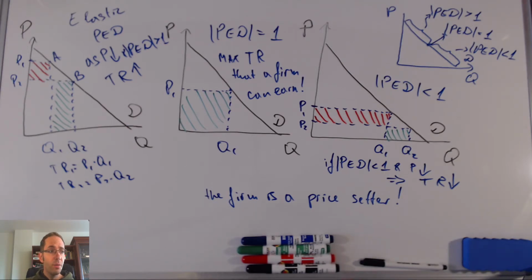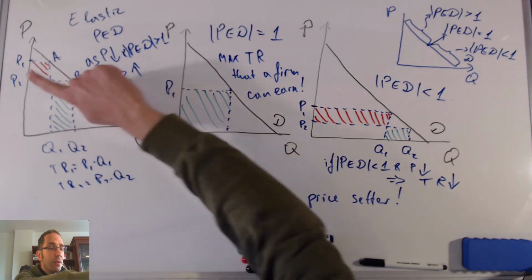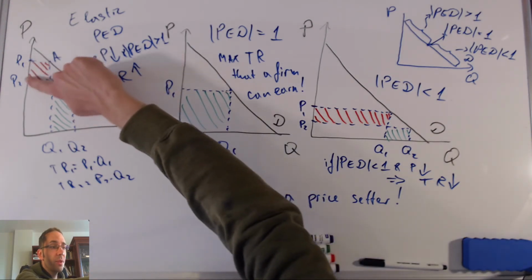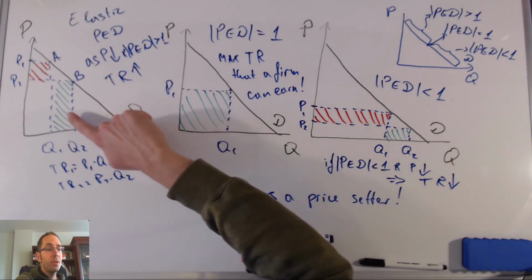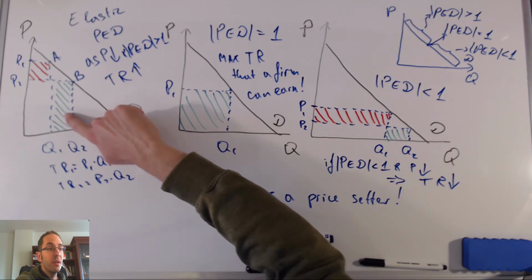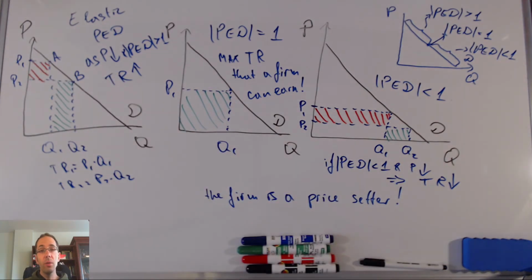So notice, if you're a firm that sells touristic services and you decide to increase the price from P2 to P1, what actually will happen is that you will lose the green area and you will gain the red one. So in all, your total revenue will decrease. And it's important that the firm knows that this will be the effect of its actions if it decides to increase the price.